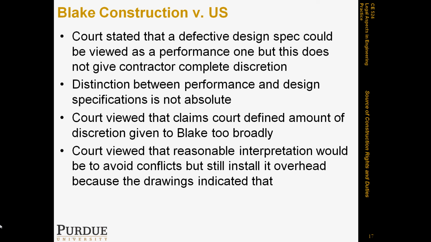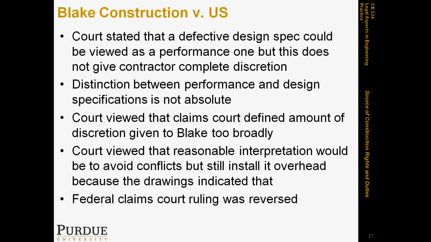So the Navy had a right to insist that it be installed overhead, because this is what they required, and because of the indication made in the drawings. And then finally the court reversed the judgment of the lower court.